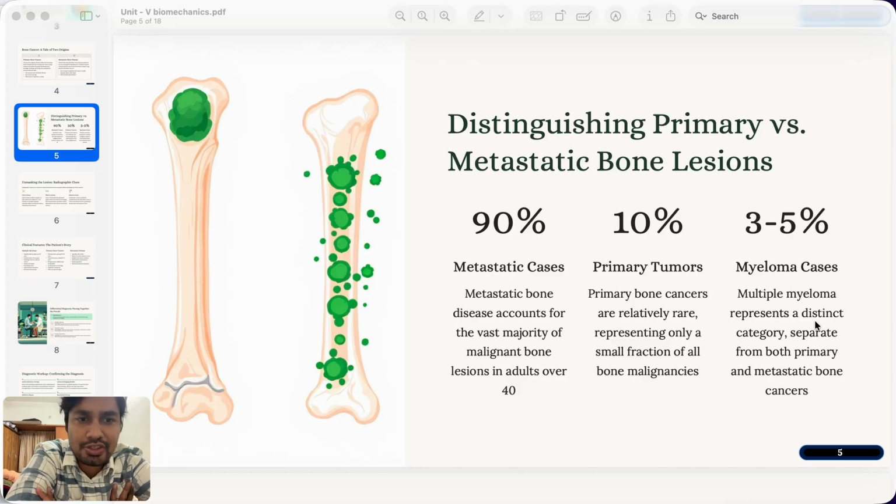Primary bone cancers are relatively rare and a small fraction of all bone malignancies, because, as I told you in the class, there are pit-related fractures which might have happened very long back, and the patient might not have focused on that particular problem.